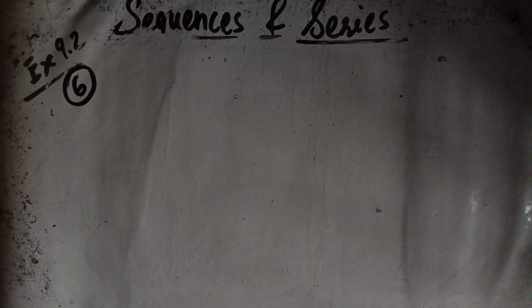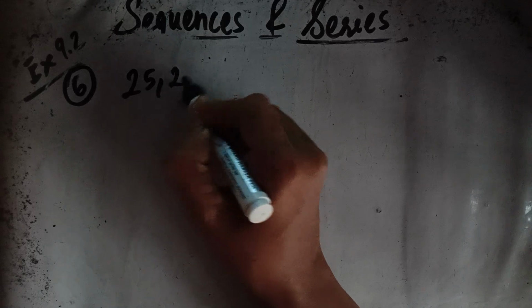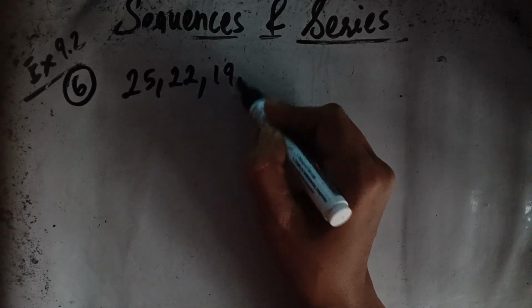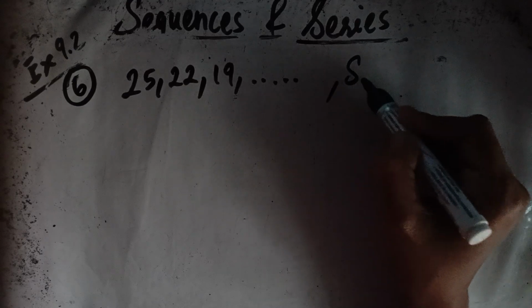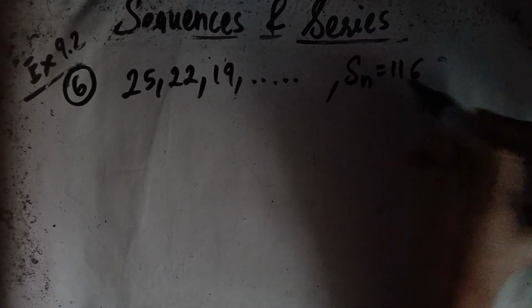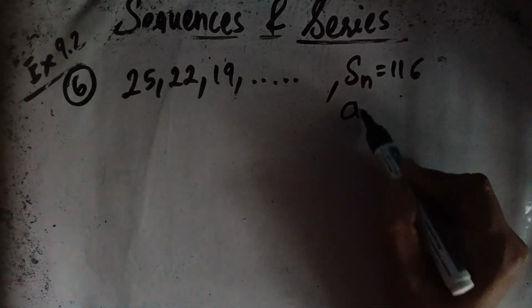Question 6. If the sum of a certain number of terms of the AP is given, find the last term. So the AP is given, 25, 22, 19, and so on. And the sum is given. We have to find the last term, that is an we have to find. Okay.